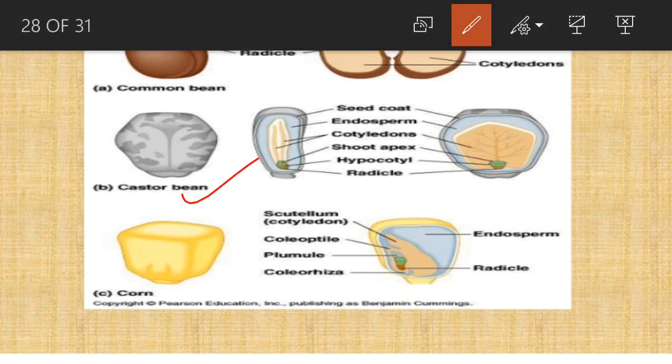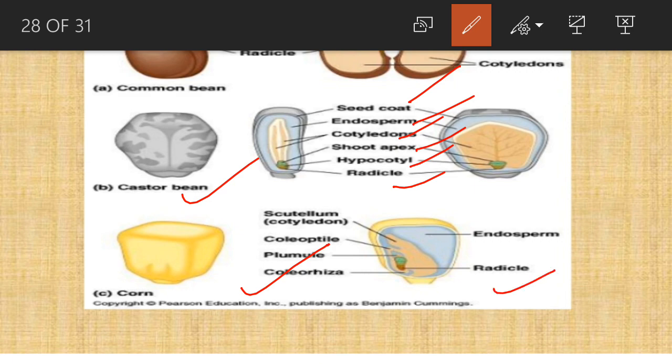Then this is a castor seed. It is a dicot endospermic seed with seed coat, endosperm, cotyledons, shoot apex, hypocotyl, and the radicle. This is a diagram of maize, a monocot endospermic seed.